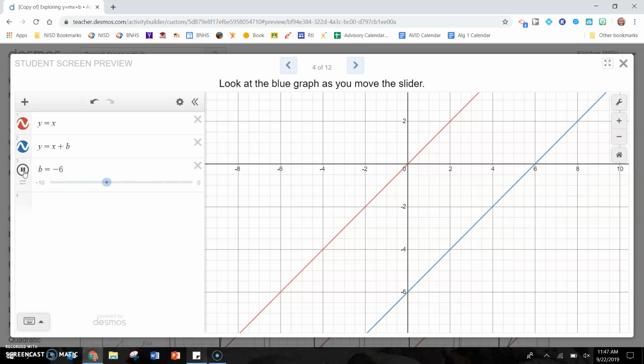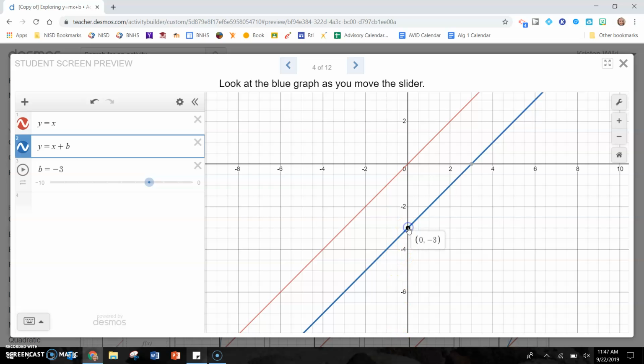Okay, so negative b values move the graph in a negative direction down along the y-axis. And the y-intercept is now a negative number. So negative b values make the graph move down away from the origin by however many units it says the y-intercept is. Okay, so positive b's make the graph shift up, negative b's make the graph shift down.